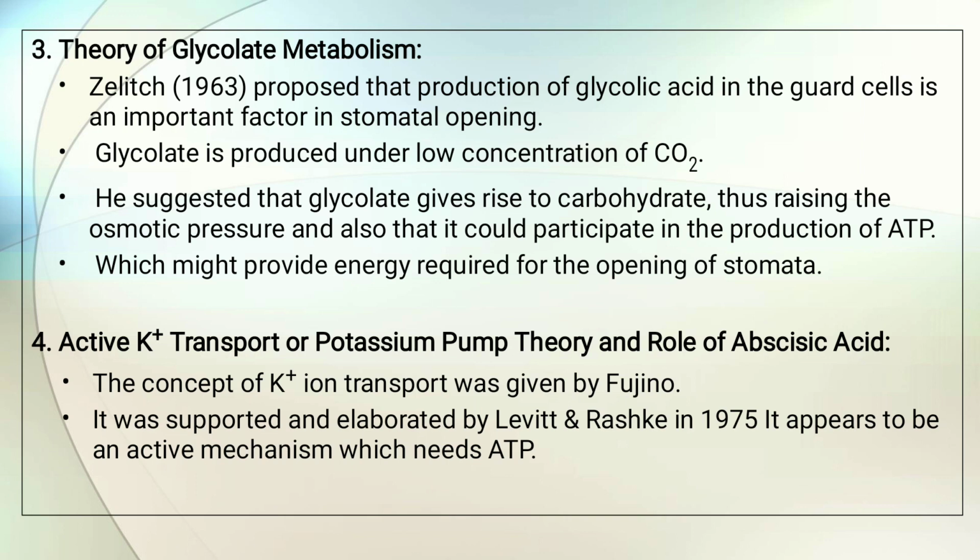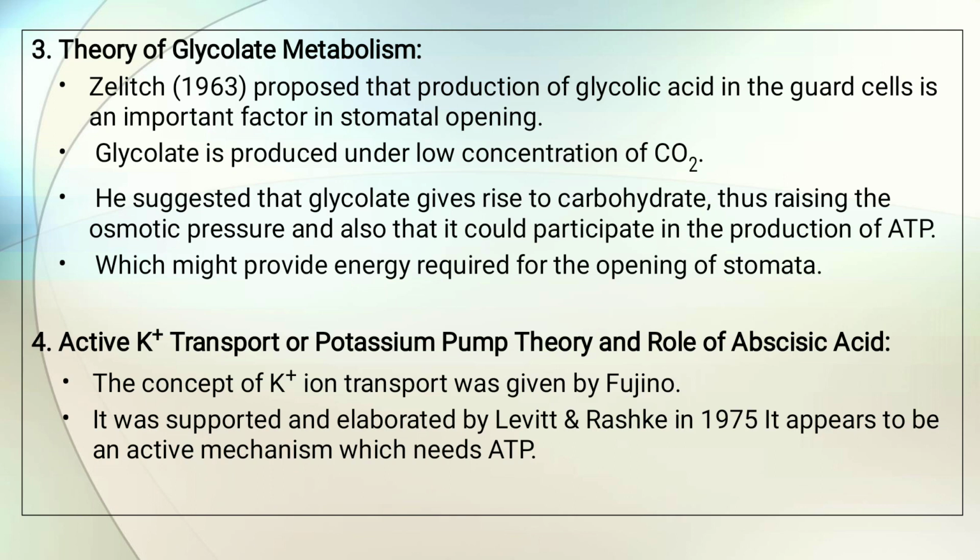The whole process refers to formation of ATP through the glyoxylate shuttle, which helps in the reoxidation of NADPH. Zelitch believes that ATP produced by this mechanism participates in the active pumping of water into the guard cells.